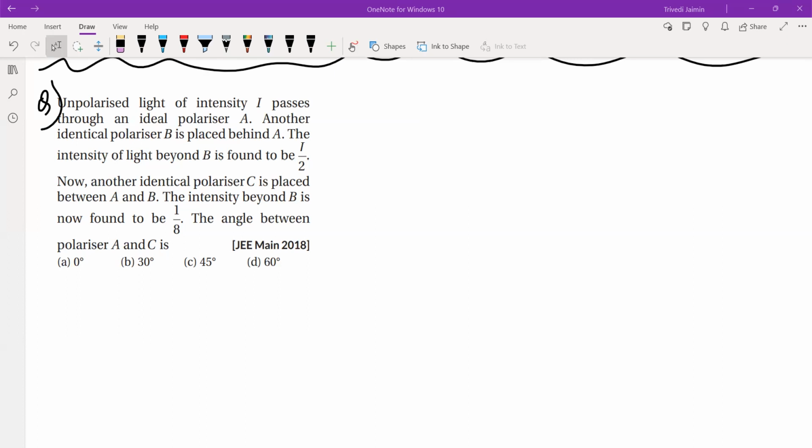Area? Vishwanath? Mainly I'm asking you both because you both are appearing for the next exam, next month's exam. So are you thorough with modern physics?